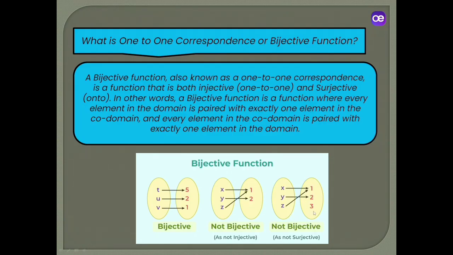Why? Because if we see the codomain set here, the element 3 is not mapped by any element of the domain. We know that all the elements of the codomain must be mapped by at least one element in the domain. So this is not surjective, so this is not bijective as well.